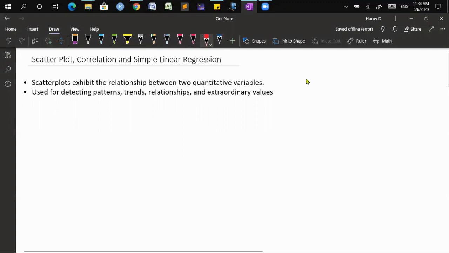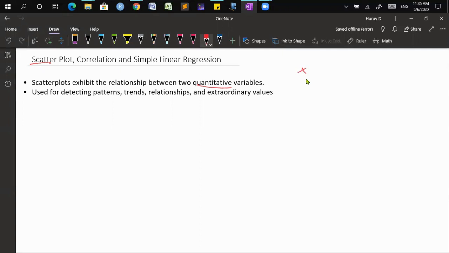The scatter plot. And this is used when we try to look at the relationship between two quantitative variables. So here our variables are quantitative, and we need at least two quantitative variables.